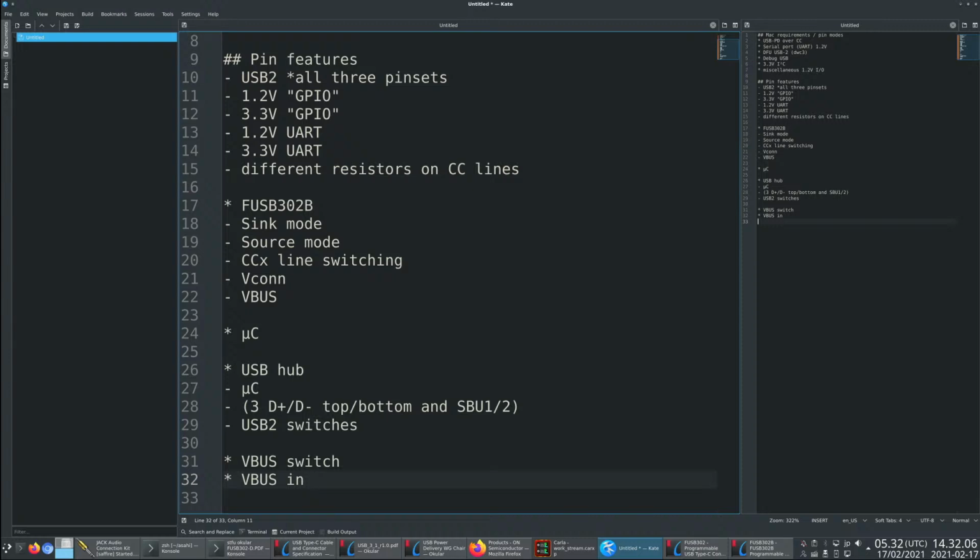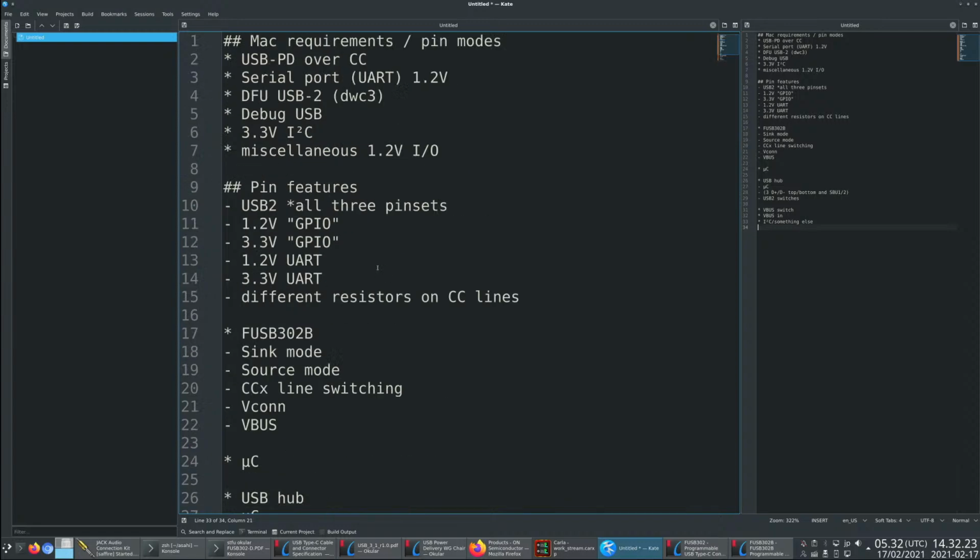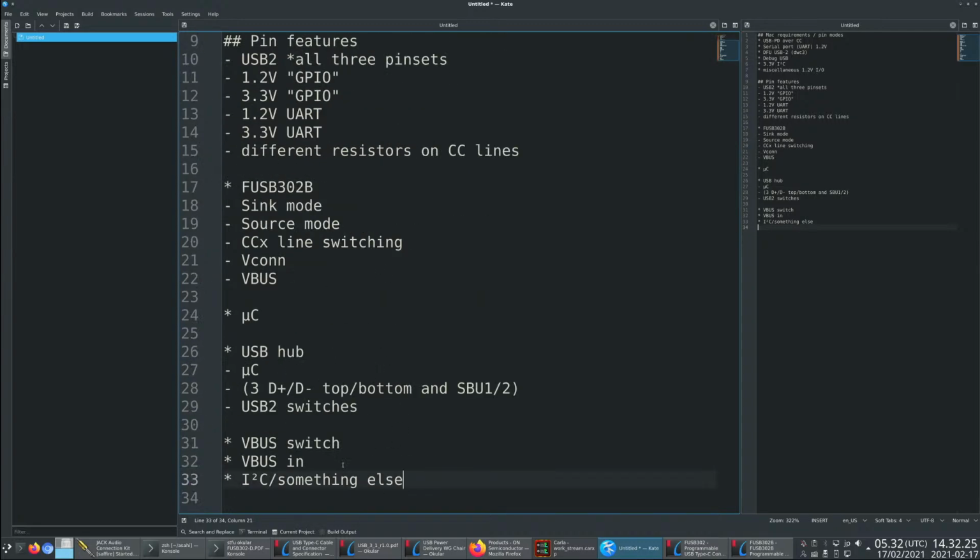We're not going to provide an actual power supply on this board, but at least there should be a VBus in connector and some sort of I2C or some kind of pins that you can use, if you wanted to implement an actual power supply, to talk to the power supply so that this whole USB PD communications protocol can actually control the power supply and therefore what voltage you get in. So again, this is basically free, right?